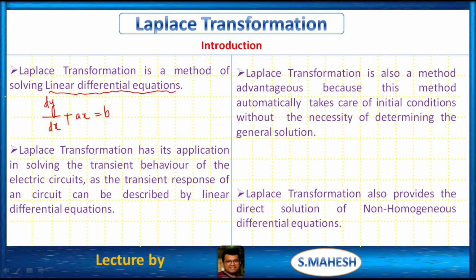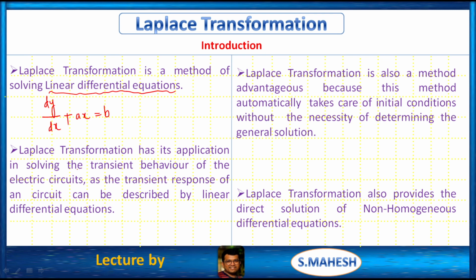So Laplace transformation has its application in solving the transient behavior of the circuit. So we can use this transformation method in transient analysis. Of course we have the conventional method. By using Laplace transformation, we get a much easier analysis compared to the conventional method. The conventional method is nothing but time domain analysis, but Laplace transformation provides S domain, that is frequency domain analysis.